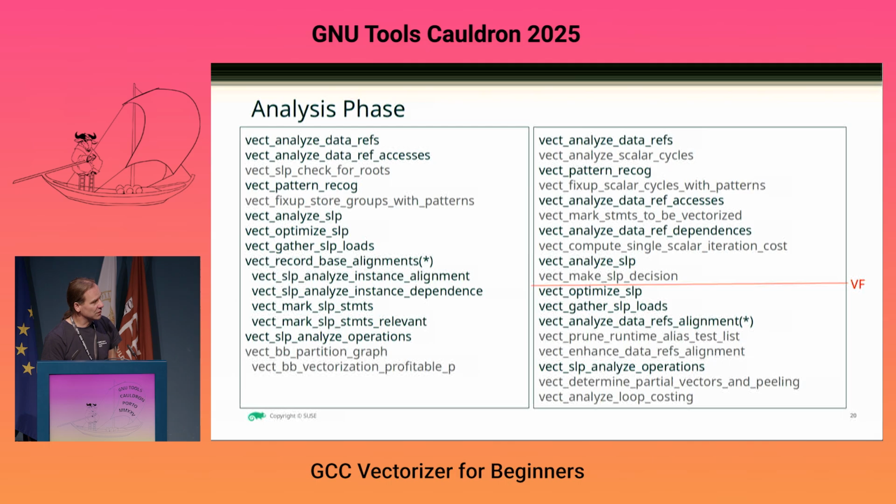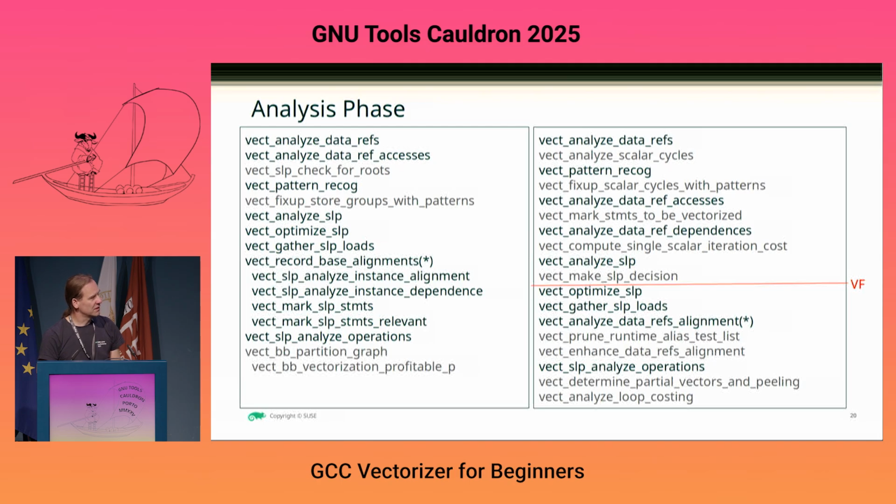So after we nailed down the vectorization factor, we have this optimize SLP phase, which basically tries to get rid of permutations, by pushing them down and up from loads and stores, and see if when you merge them, they vanish. That's very nice if they do, right? And we do the same on the basic block vectorization side, right?